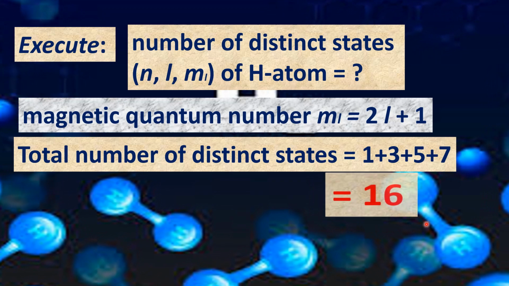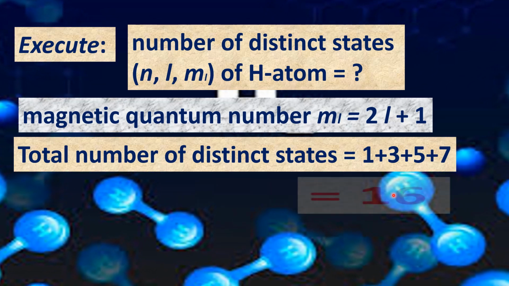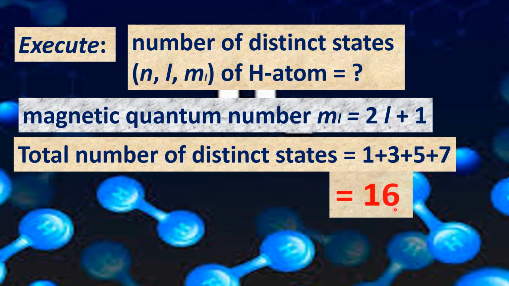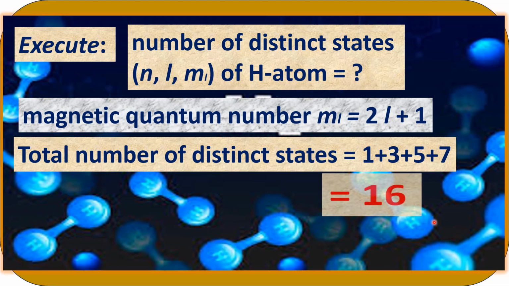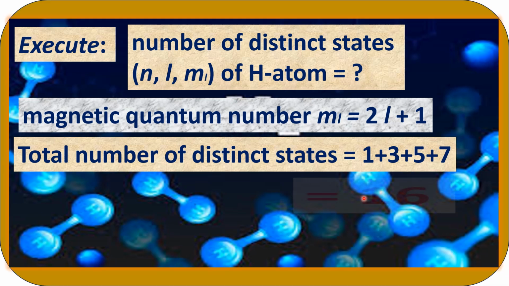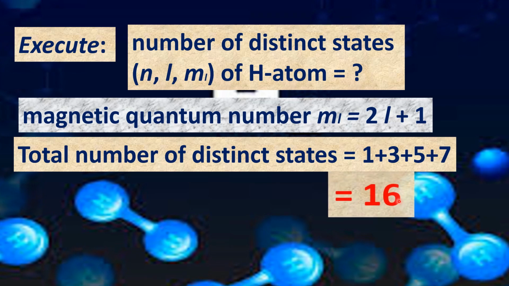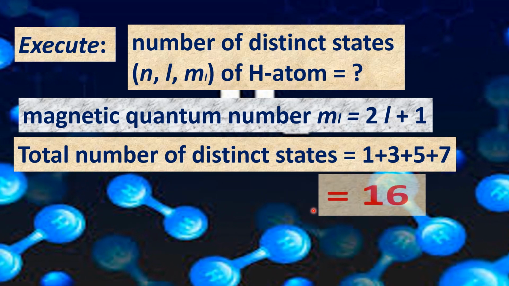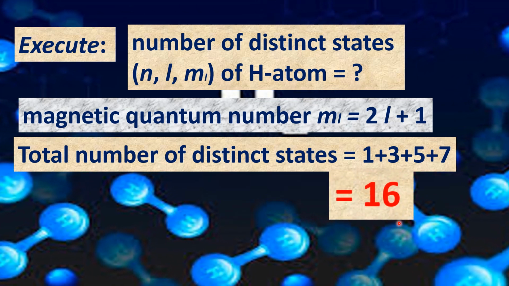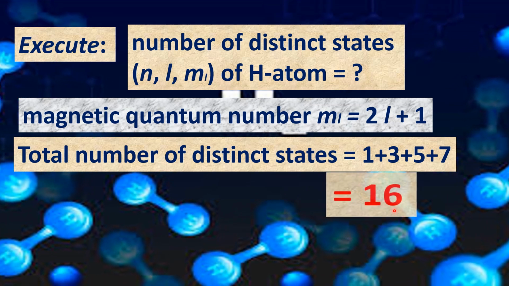And according to Pauli's exclusion principle, there are only two maximum electrons that can occupy a single orbital. So with 16 distinct orbitals, there will be 32 electrons occupying these 16 orbitals.